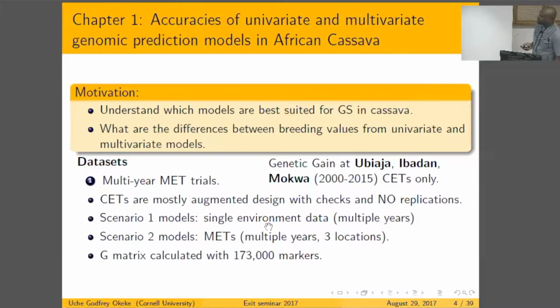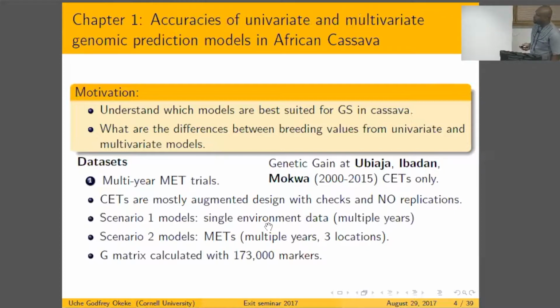And in fact, these locations are very divergent. This is in the rainforest region. This is closer to this, and this is like a semi-arid location. So they are very divergent, and they represent areas of cassava production in Nigeria.